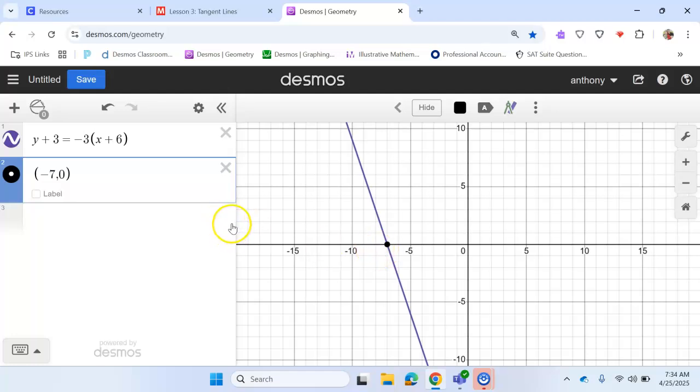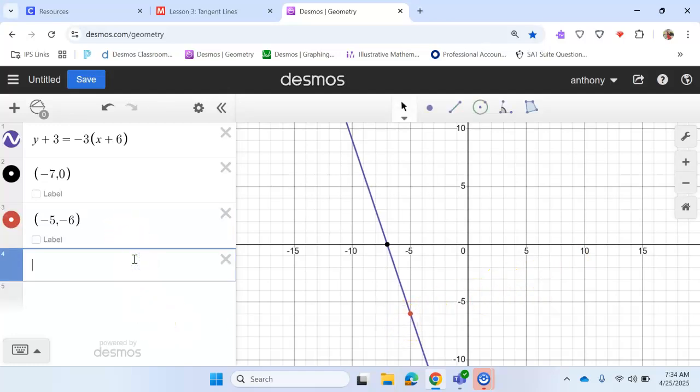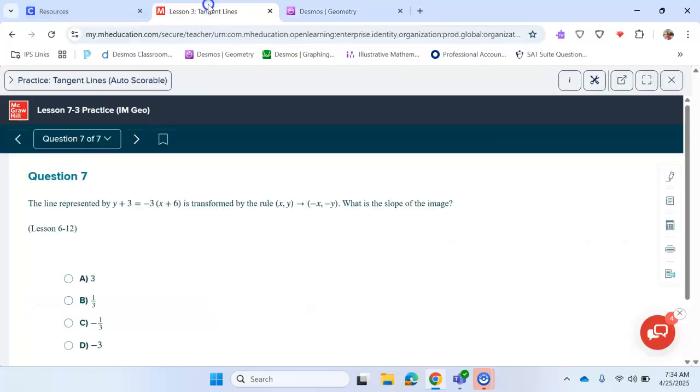It also contains the point -5, -6. You can see the red dot is on the line. So if we make the x and the y values their opposite, the opposite of -7, 0 is 7, 0. And the opposite of -5, -6 is 5, 6. You can see the line has the same slope, which is down 3, right 1, down 3, right 1. So it's -3.